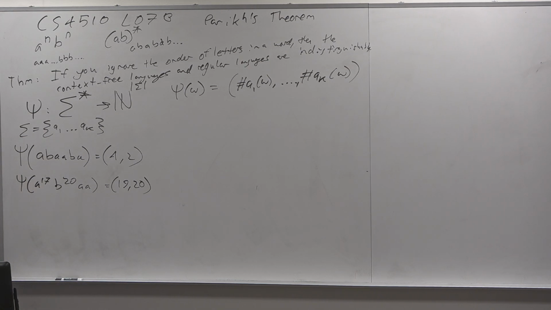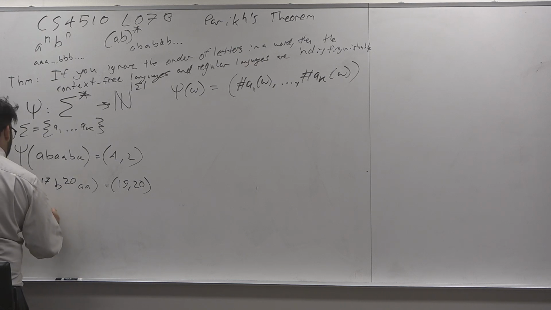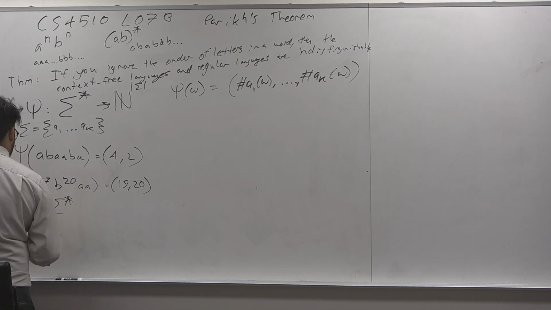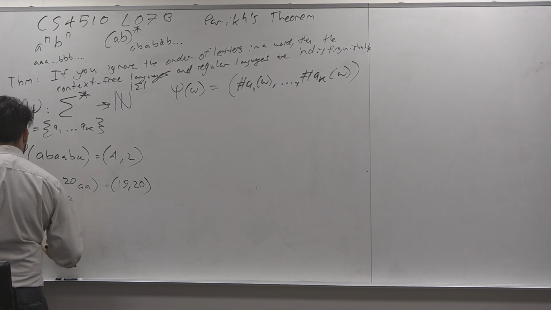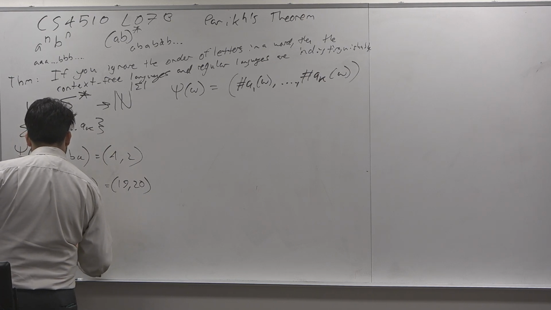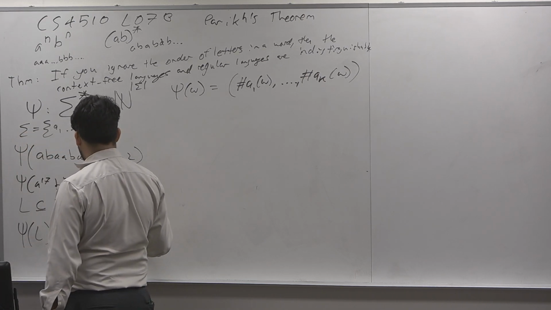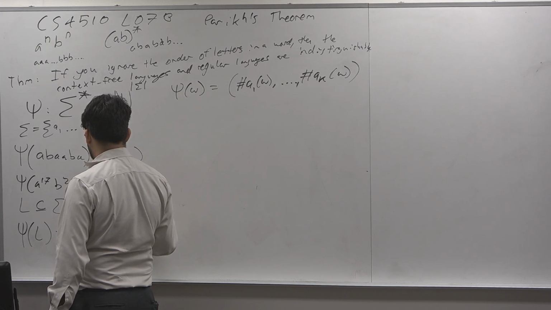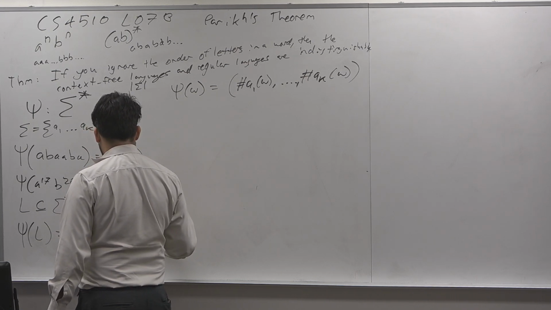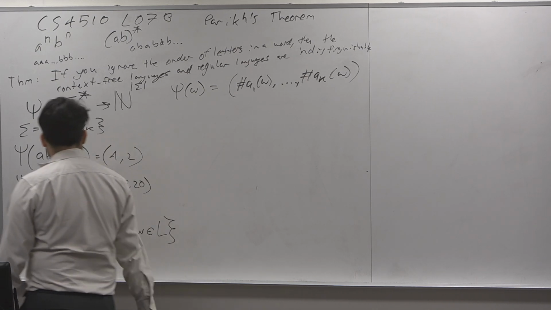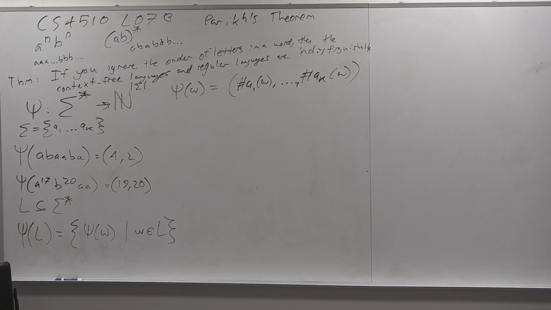Okay, so we can calculate the specific frequency of specific strings. What about languages? Let L be a language and define the frequency of the language to be the set of vectors that are the frequencies of the strings, something like this, right? Just take the vectors of every string in that language.